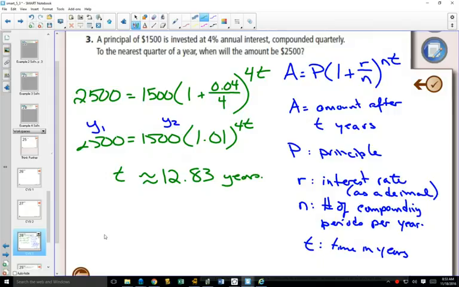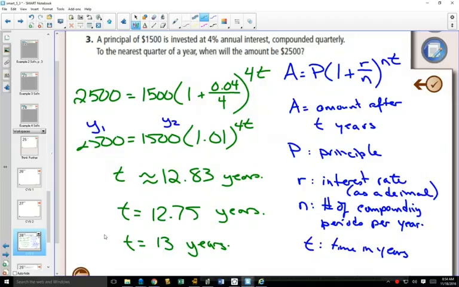years. Now it said round to the nearest quarter of a year. I've seen in some places that the nearest quarter of a year is 12.75 years. I've also seen some textbooks say even though 12.75 is closer, you won't have hit $2,500 yet. So I've also seen some places where they would write 13 years.